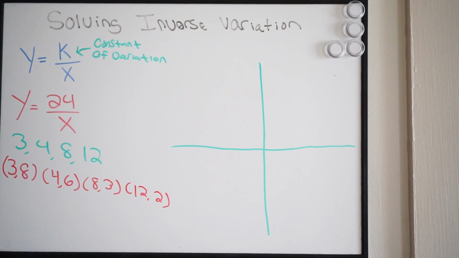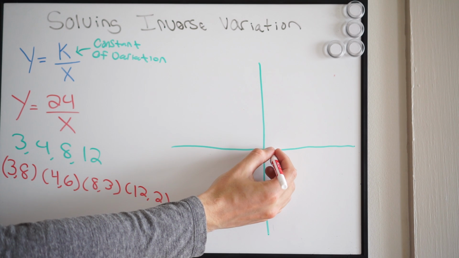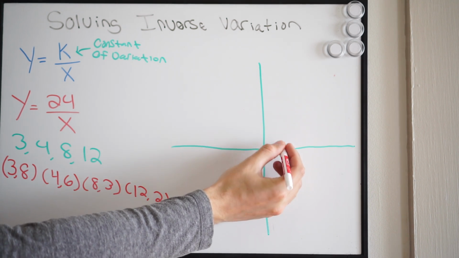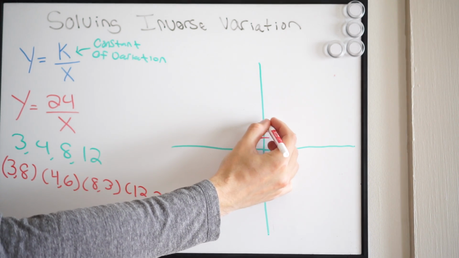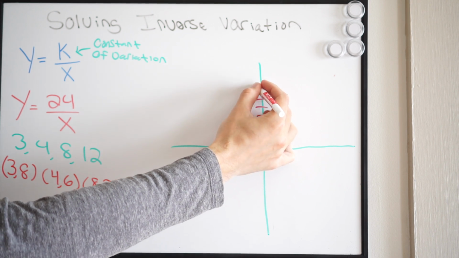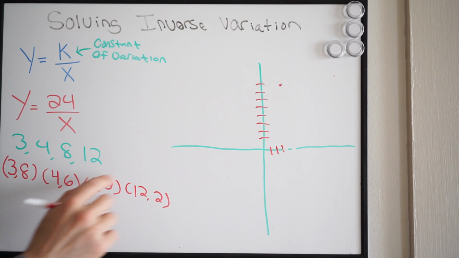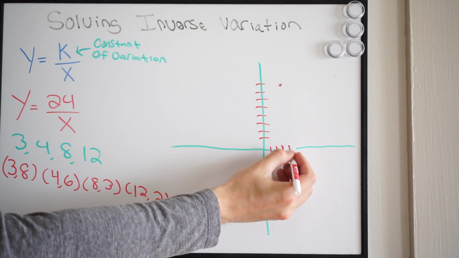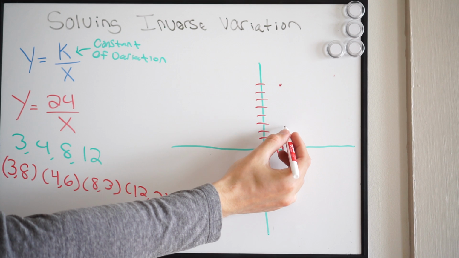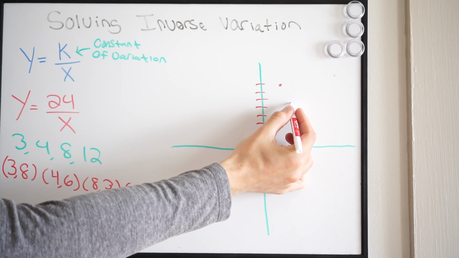So let's go ahead and do that. Starting at 3, we're going to go up 8. So 1, 2, 3, and then we're going to go up 8: 1, 2, 3, 4, 5, 6, 7, 8. Let's make a point. Then going to 4, we're going to go to 6: 1, 2, 3, 4, 5, 6.